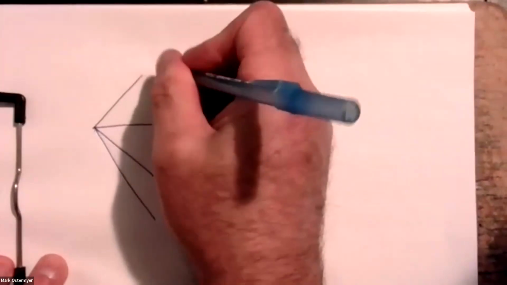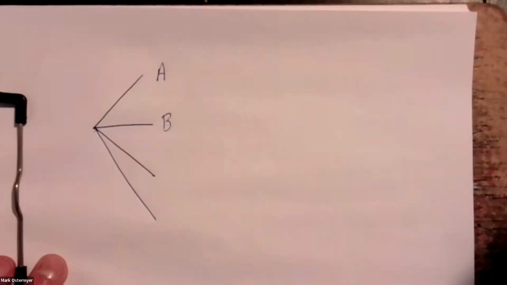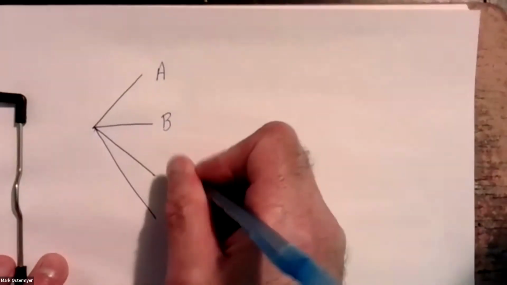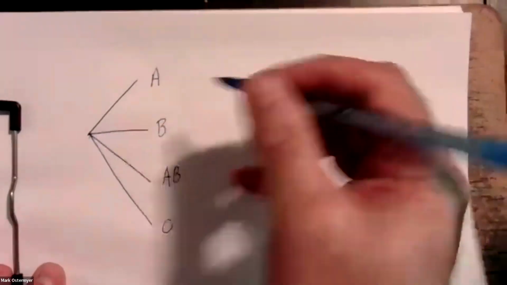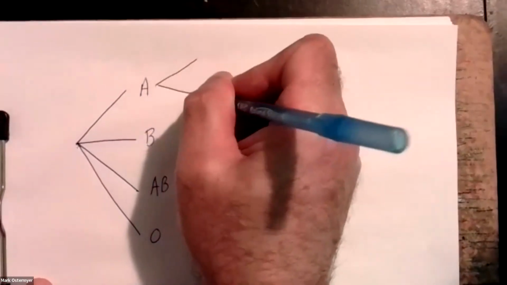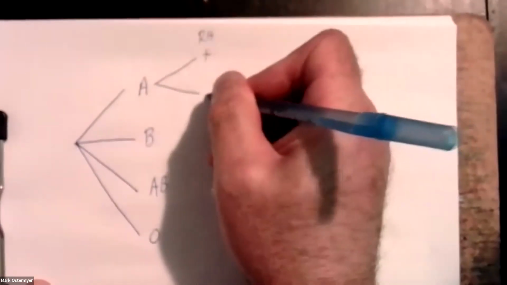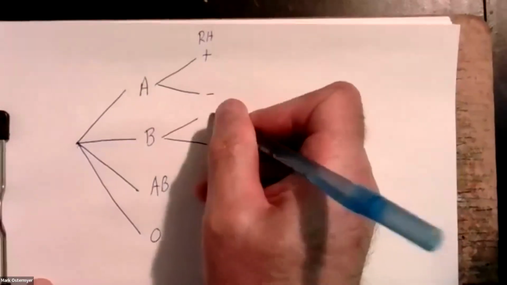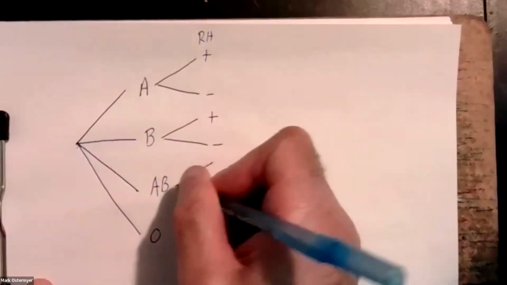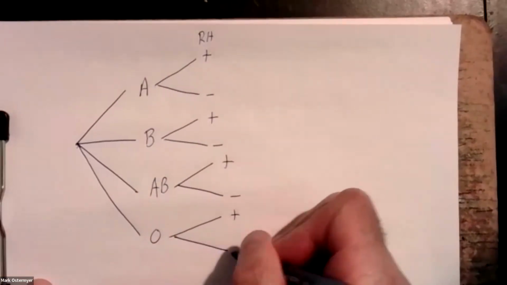Here you can have type A blood, type B blood, type AB blood, and type O blood. From each type of blood, you can have 2 branches coming out, which gives you the Rh factor, positive or negative. Likewise, positive or negative for each type.